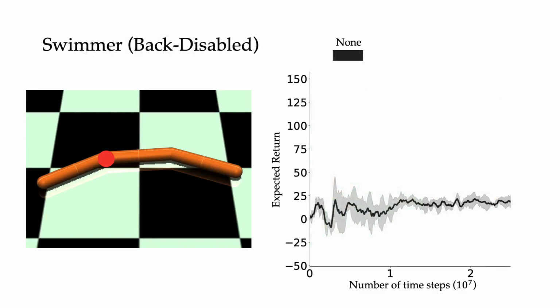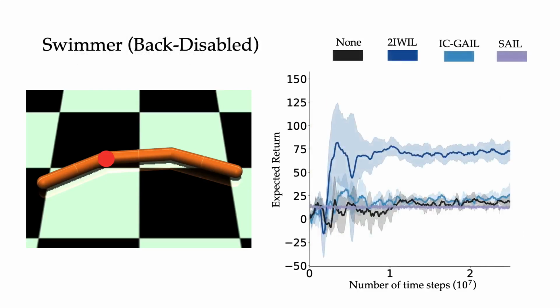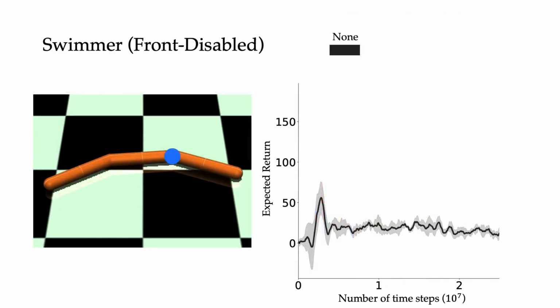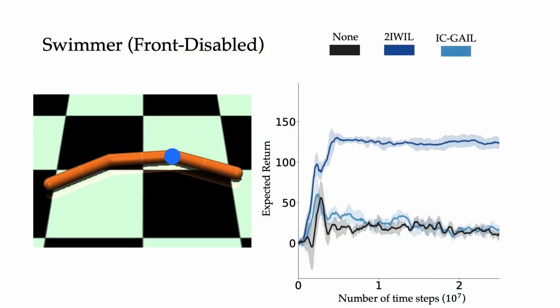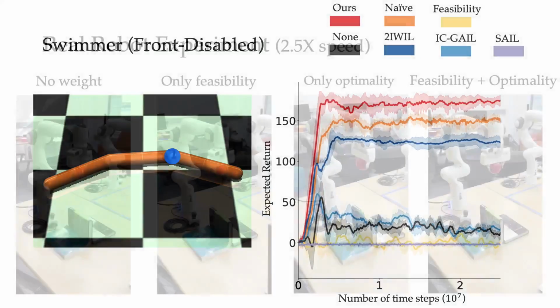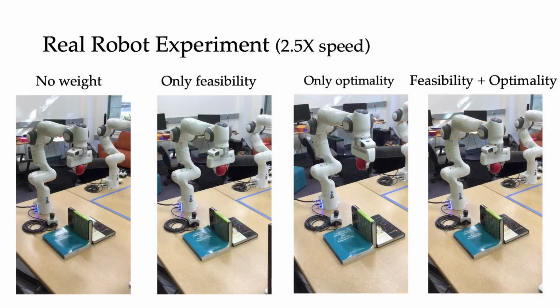We see similar results when comparing our algorithm with the baselines. Also similar for front disabled. Finally, we conduct an experiment on the real robot to put an apple down on the table without hitting obstacles. We compare our results with only using feasibility or only using optimality, and our algorithm outperforms these baselines as shown in the video.